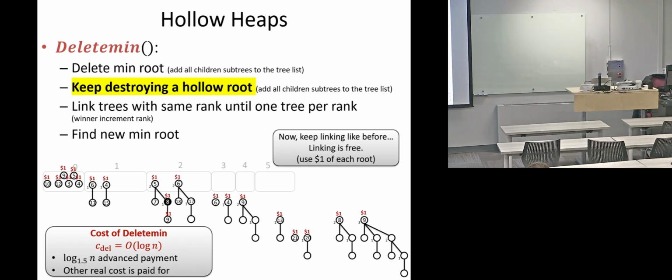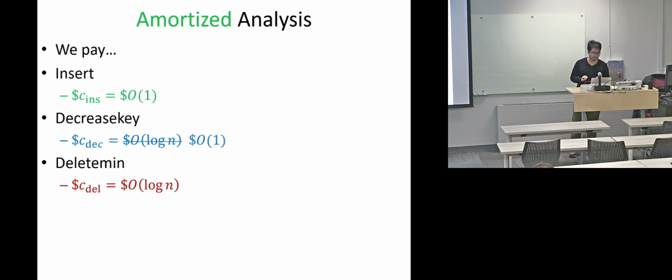But everything else is paid for. So that's it, we are done. We get an algorithm where amortized cost is constant for insert, constant for decrease key, and log n for delete min.